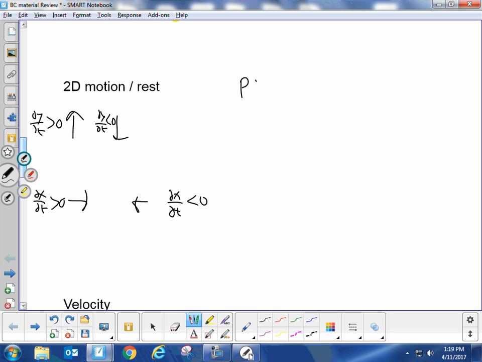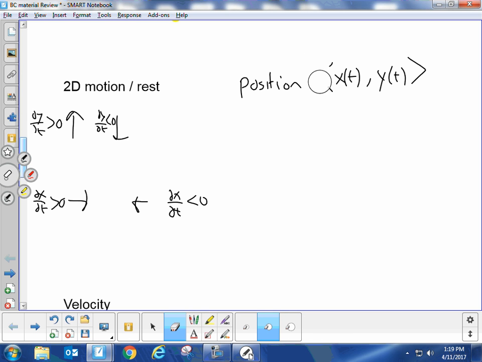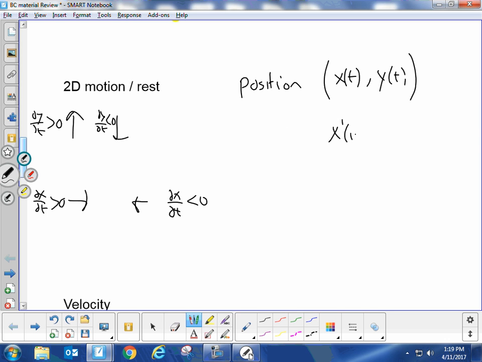We could also talk about my velocity. So if my position is given by x of t, y of t, sometimes it'll be given in vector form. Now, position's not necessarily a vector. Position is just where you're going. But just like with straight line motion, if I took the derivative and I got x prime of t and y prime of t, all of a sudden I would have a velocity vector.